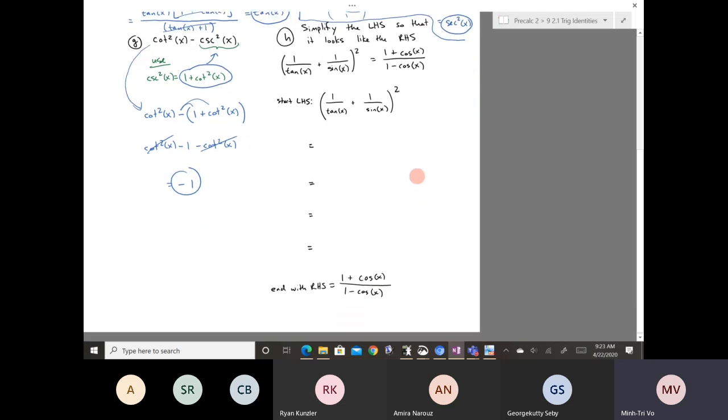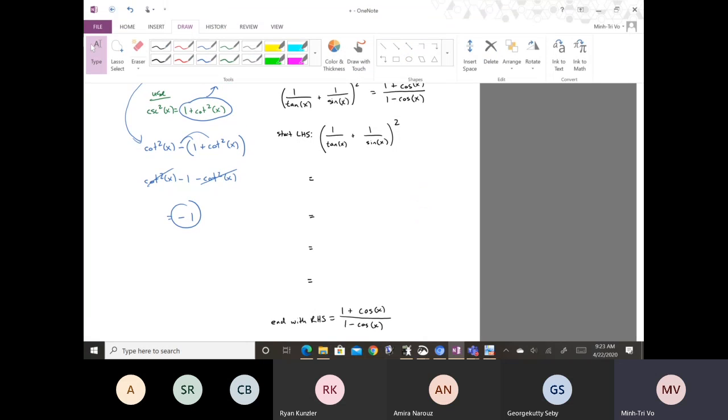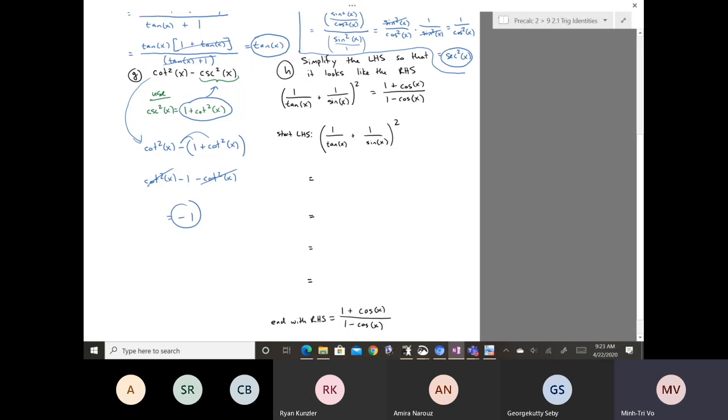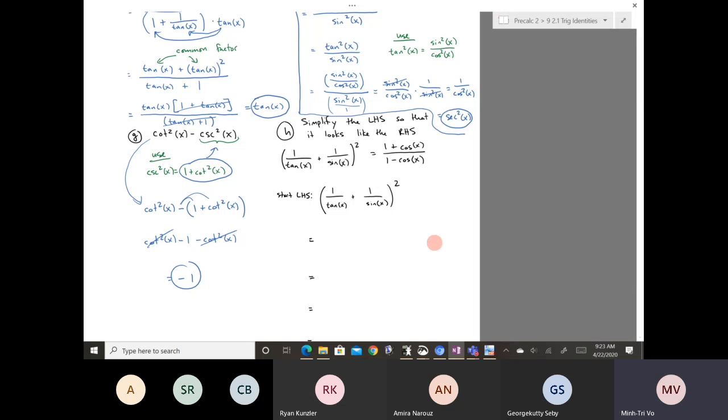And then finally, the last one, which is probably the most complicated one. Okay, so this one is set up slightly differently, where they're giving you an equation and they're asking you to simplify the left-hand side so that it looks like the right-hand side.